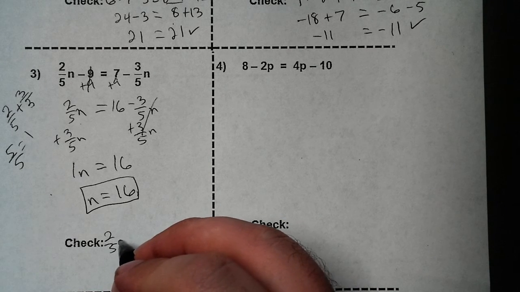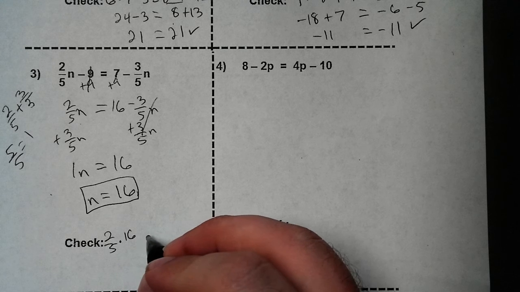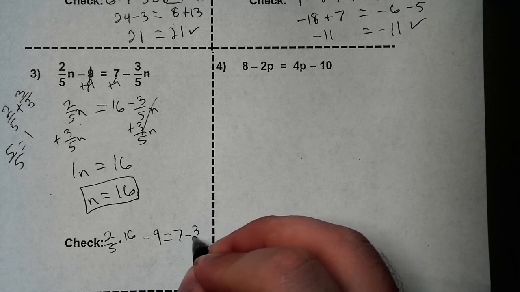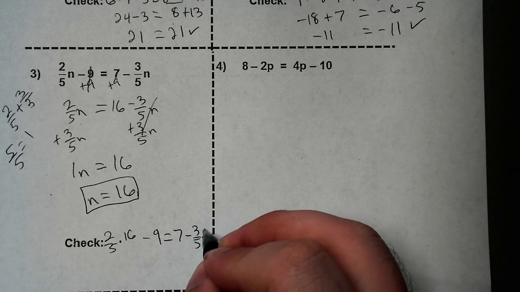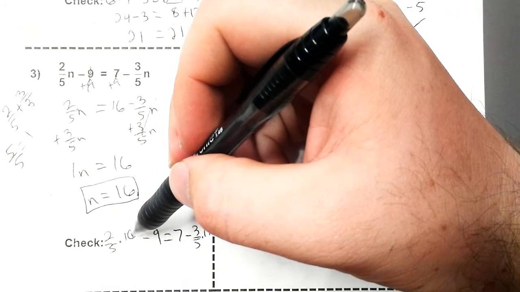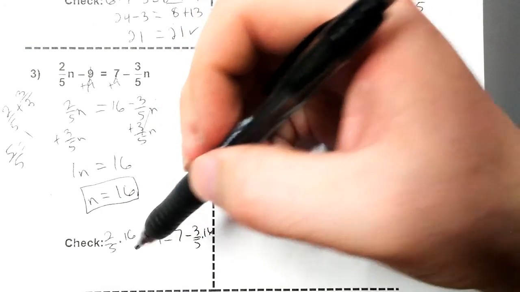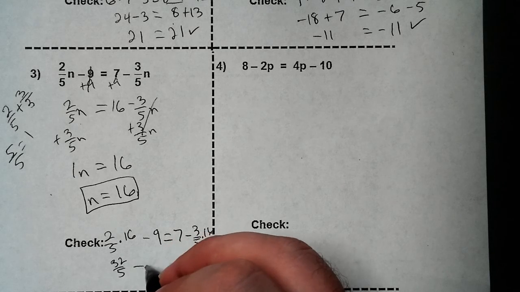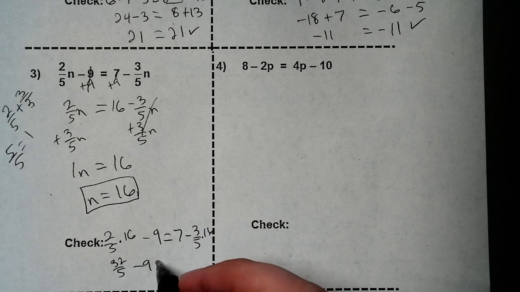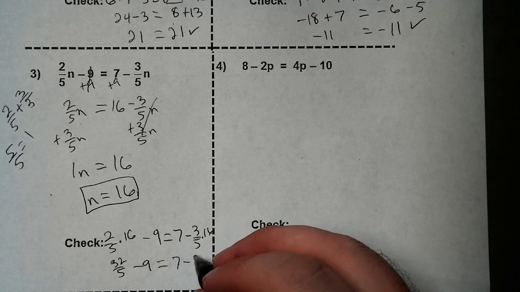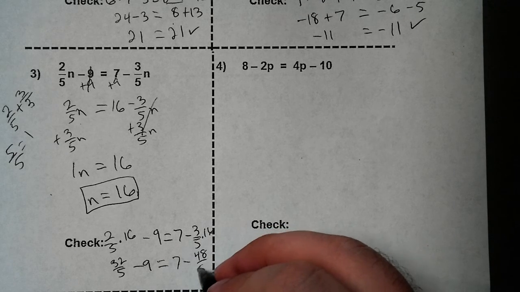To check it, we just got to plug it in. 2/5 times 16 minus 9 should equal 7 minus 3/5 times 16. Right here, that's 32 divided by 5 minus 9 should equal 7 minus, and 16 times 3 is 48, over 5.